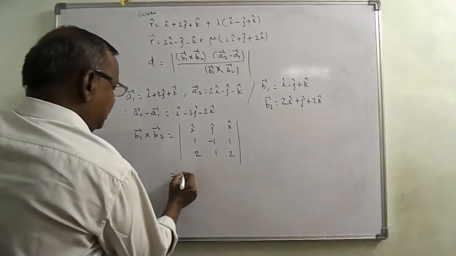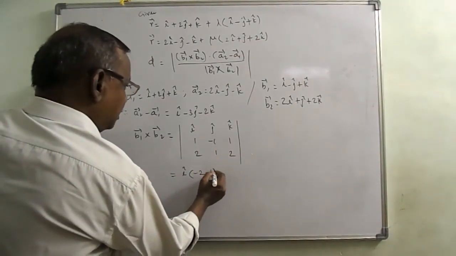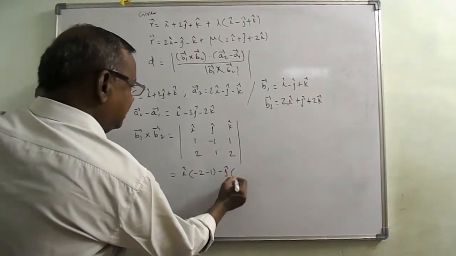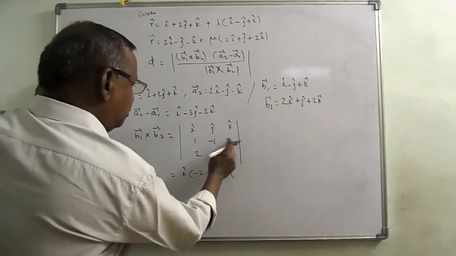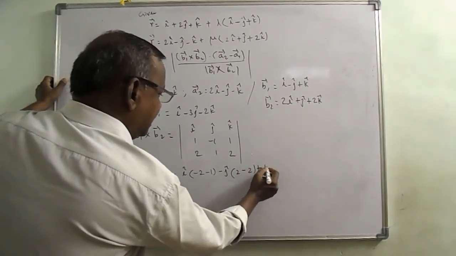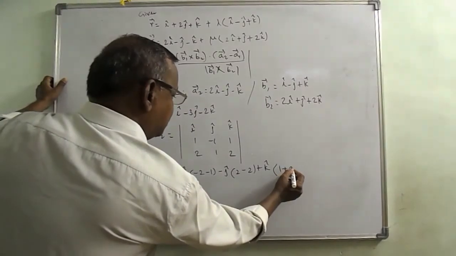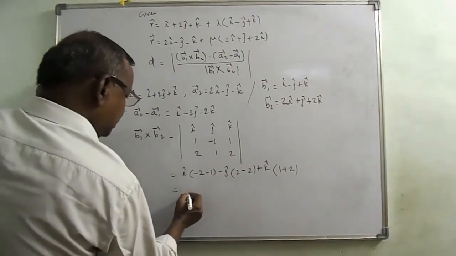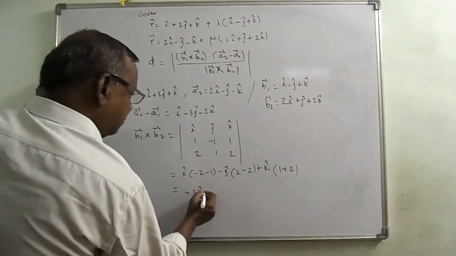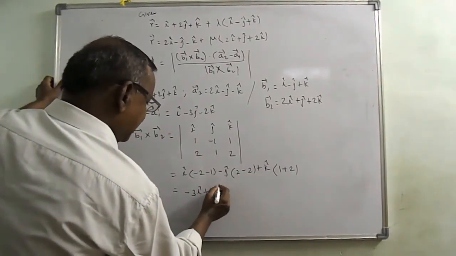Expand this: i cap into minus 2 minus 1, minus j cap into 2 minus 2, plus k cap into 1 plus 2, that is equal to minus 3i cap and 0j cap and plus 3k cap.